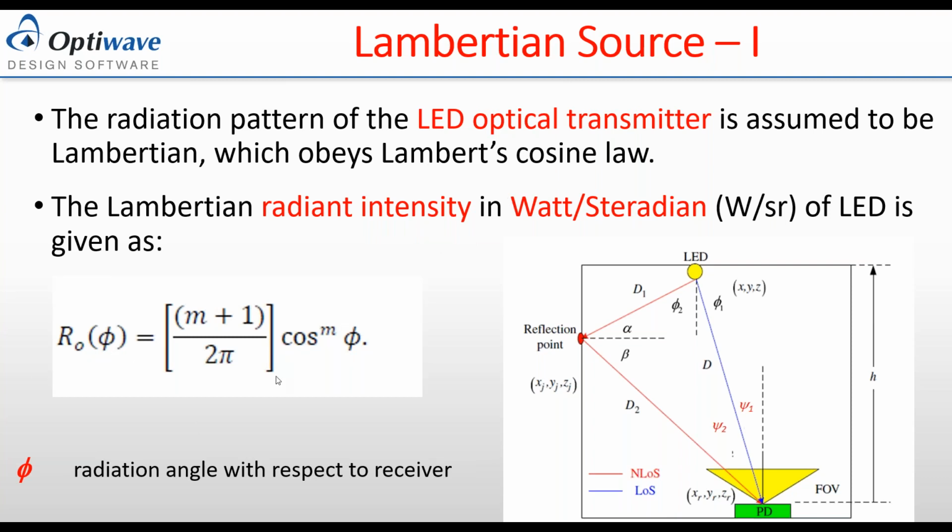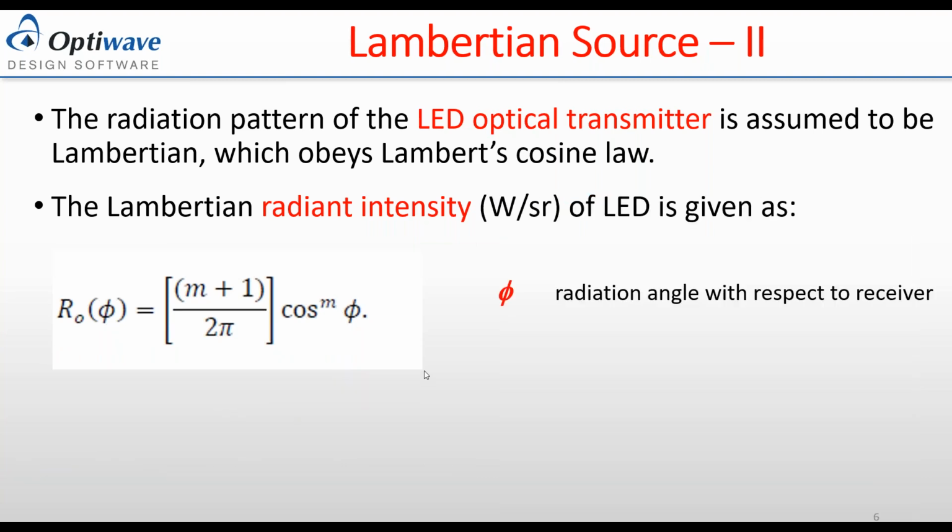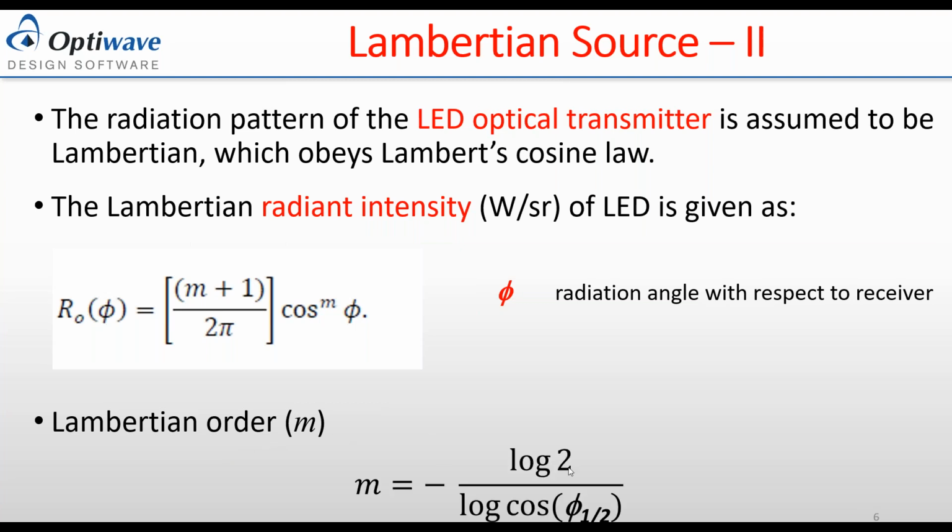In this formula, we have the parameter phi, which represents the radiating angle, and M here we call the Lambertian order, and it's given by this formula. Phi half we call the transmitter semi-angle at half power.